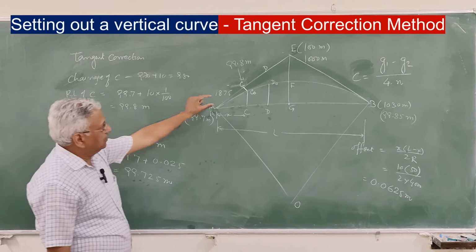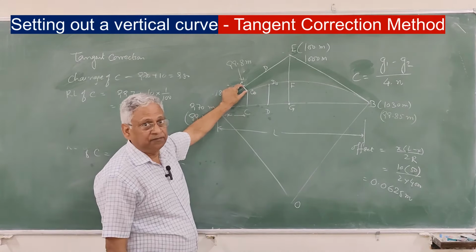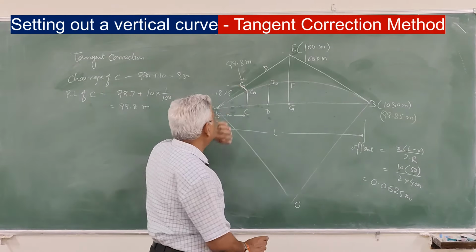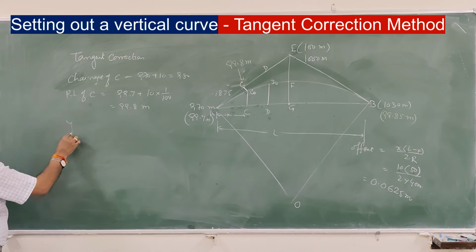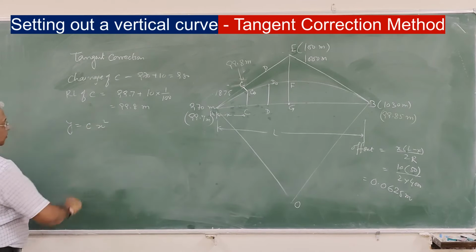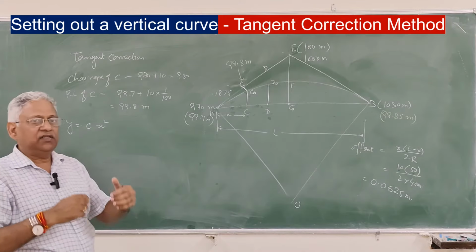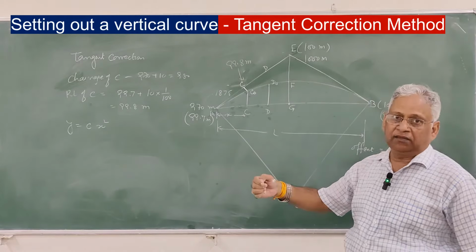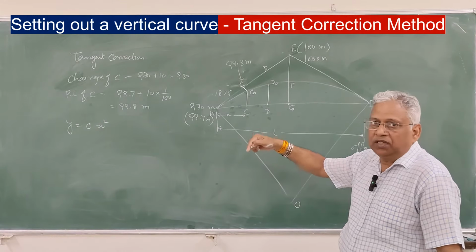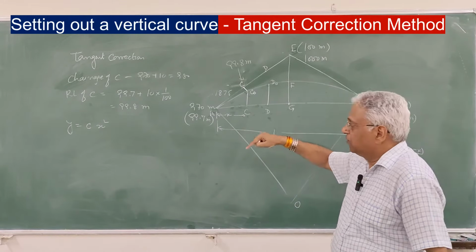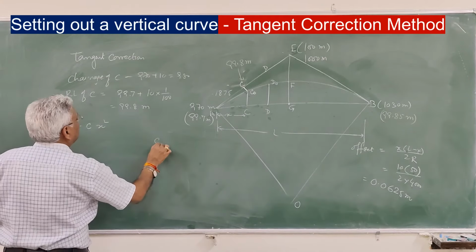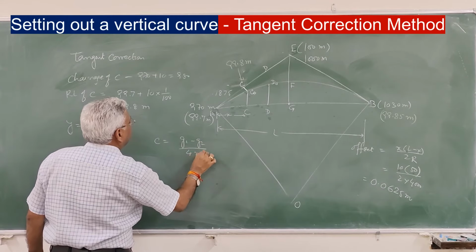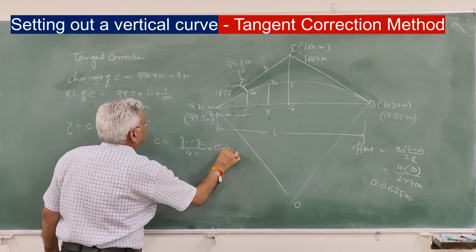Now you find out what is the tangent correction to get the point C0 on the curve, and this is given by y is equal to C into x square. Now x here is taken in terms of chain length. Here in our case chain length is 10 meter. So x is 1, 2, 3, 4, 5, 6, and therefore C is taken as G1 minus G2 upon 4n into chain length.